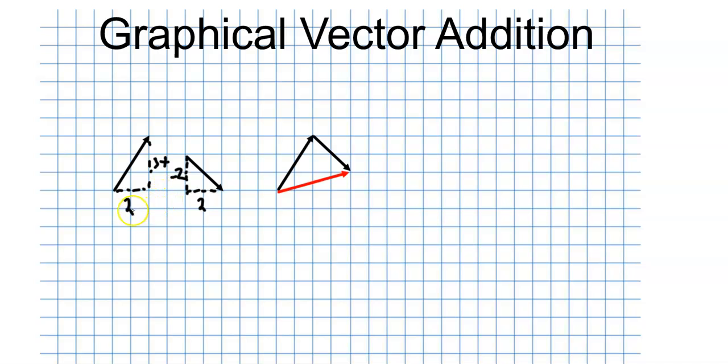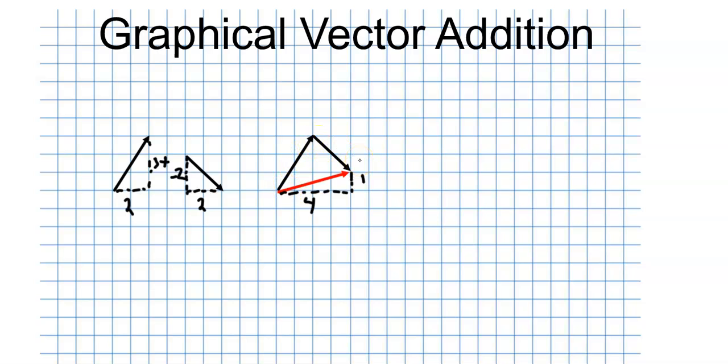So if we sum the x components, we get 4, and if we sum the y components, 3 plus -2, then we get 1 here. Okay, and so same result whether you add the components or add the vectors head to tail.